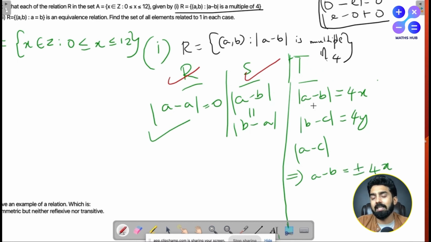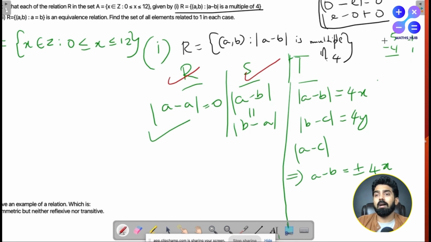We don't know what the actual value of A minus B is, right? A could be greater. If A is greater, this will be a positive value. If A is less than B, this will be a negative value. But the overall value will be the same. In subtraction, 5 minus 4 is 1, and 4 minus 5 is minus 1. The value is the same, the signs are different.